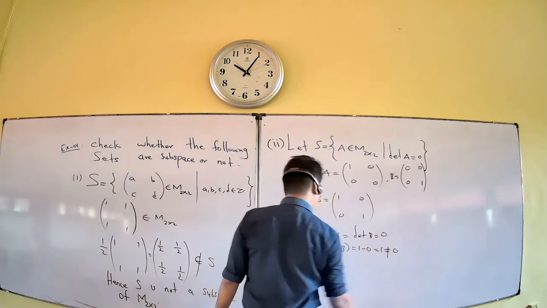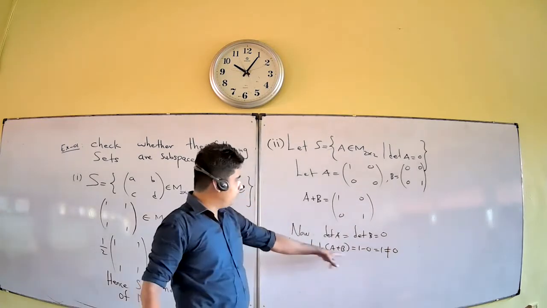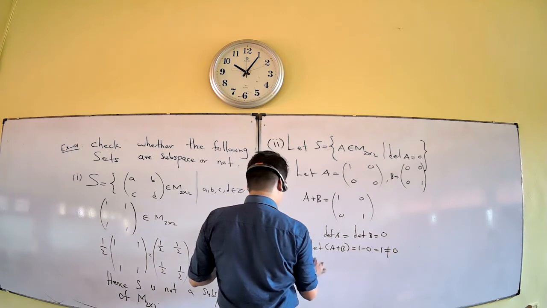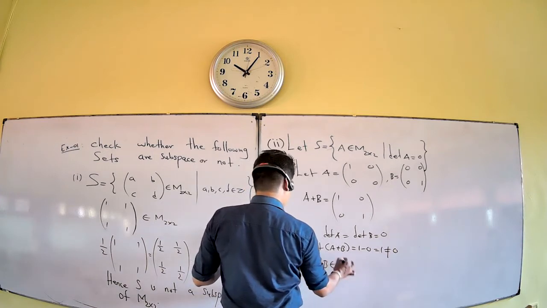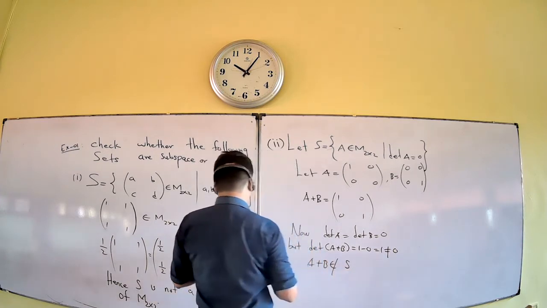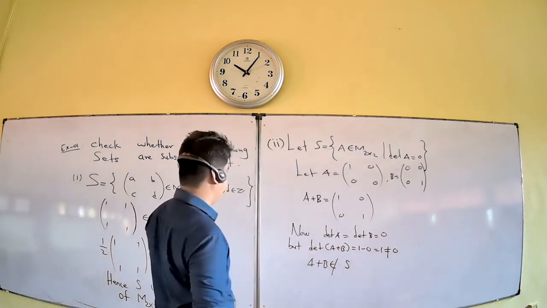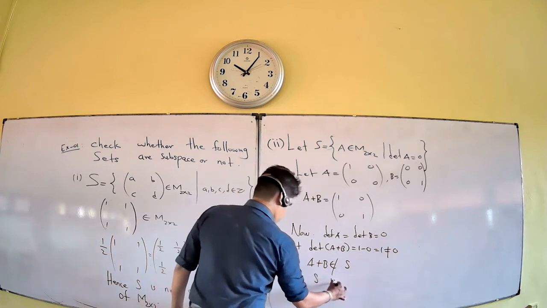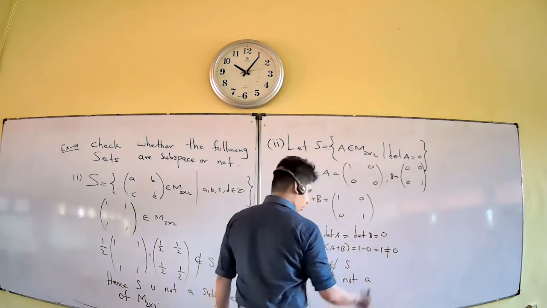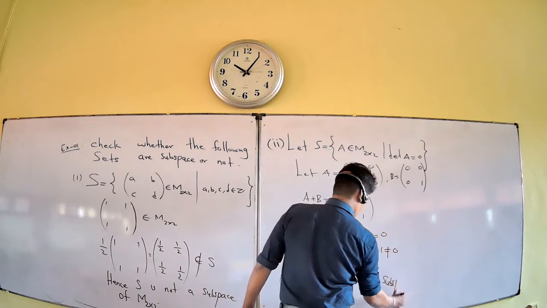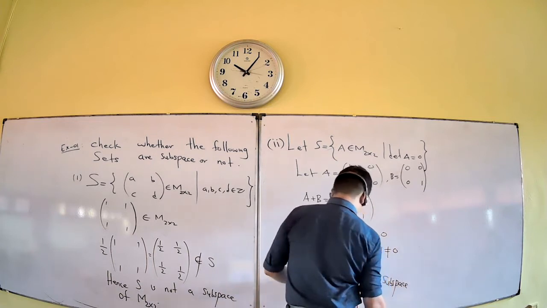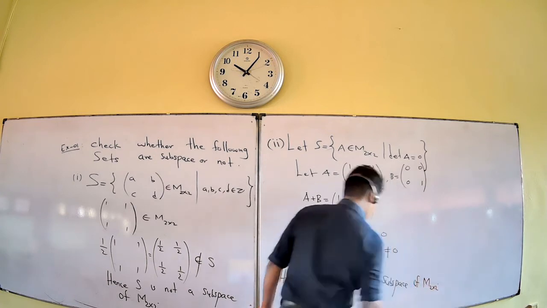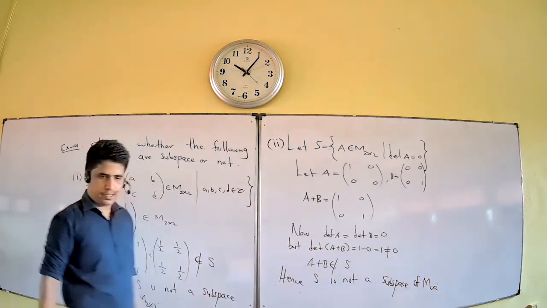Thereby it is not equal to 0. Therefore, A plus B is not an element of this set S. Hence, S is not a subspace of M2 cross 2.